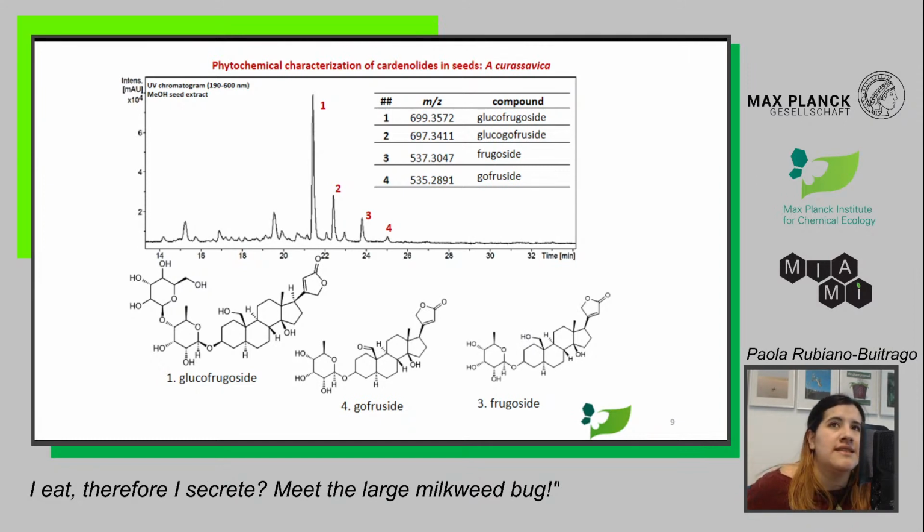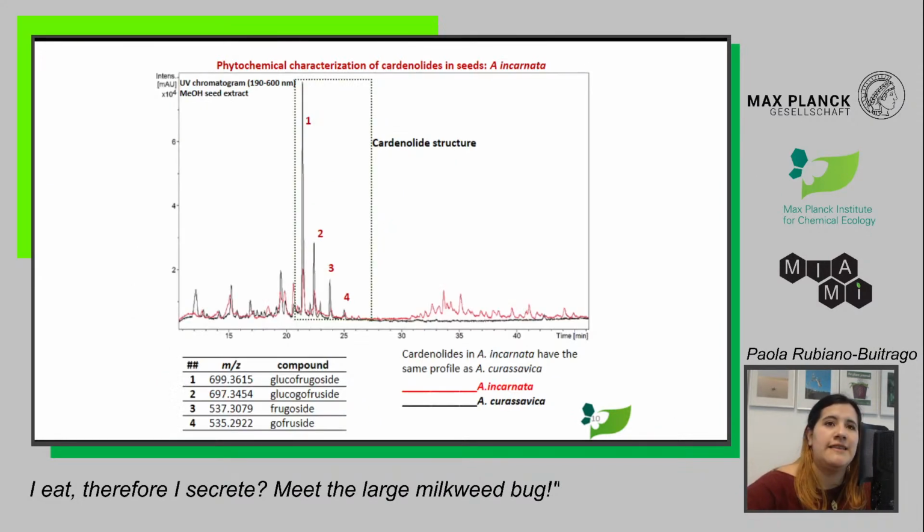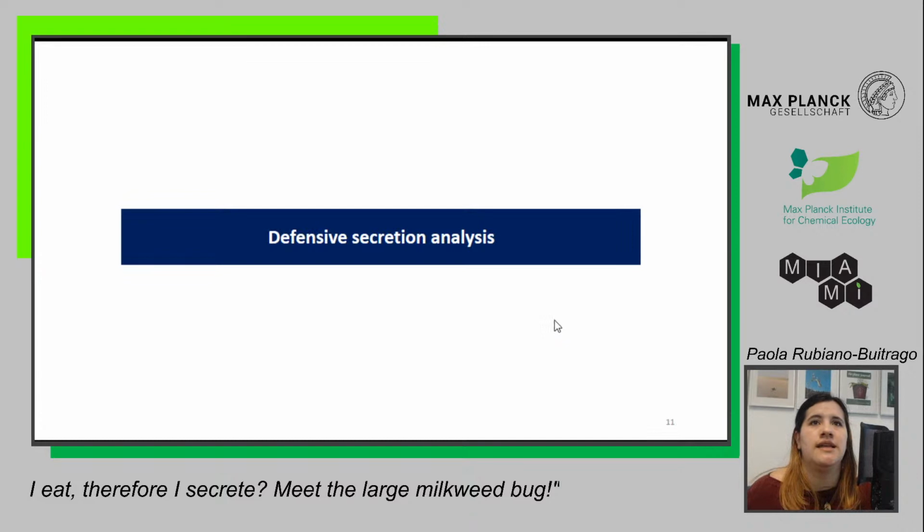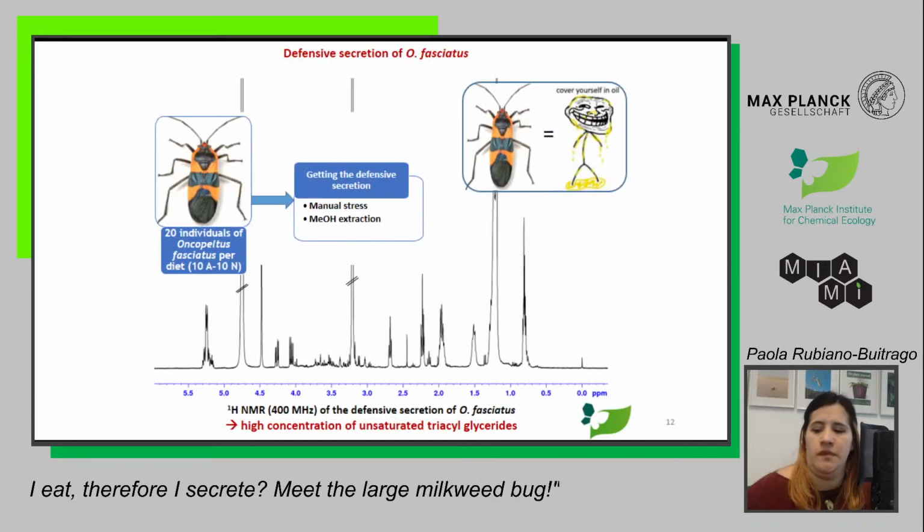And when I tried to understand the other Asclepias, incarnata, I came across that it's a red trace. Incarnata is a more complex seed, a more complex food. They are eating not only the cardenolides, which turn out to be actually the same composition, but they are eating way more things around here. So with that insight of what they are eating, it's time to see what they are secreting.